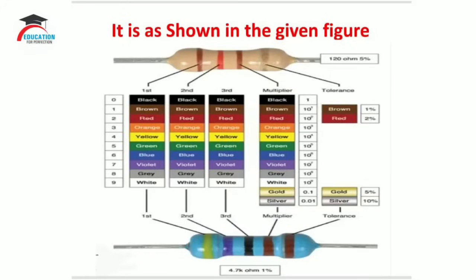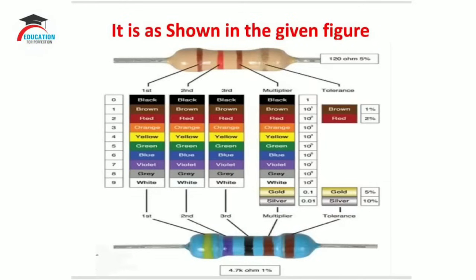So here the first color band, as shown in the figure, you can see is having a brown color. Brown color means, as I have already told you about the numbers like 0, 1, 2, 3, 4, 5, 6, 7, 8 and 9, just try to look at the colors which are right next to these numbers.